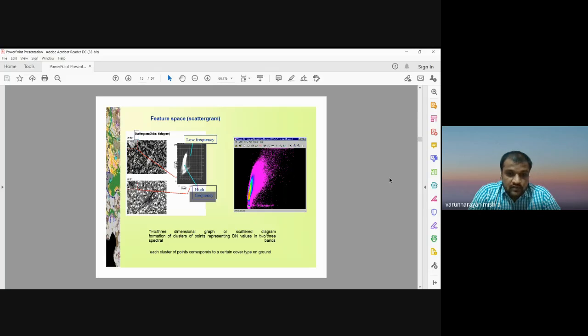Each cluster of points corresponds to a certain land cover type on the ground. The figure in the slide shows colors, where each color represents the scatterogram for pixels of a specific land use, land cover class, or any land surface feature. This is about the feature space.